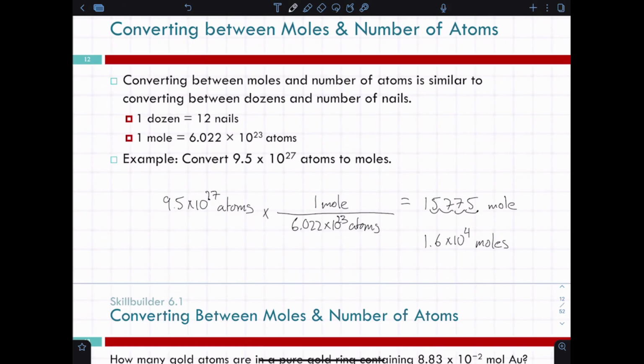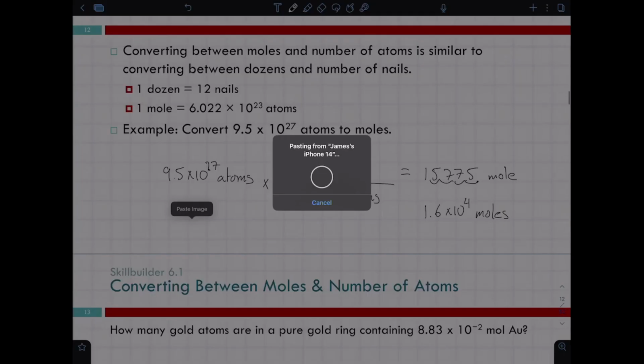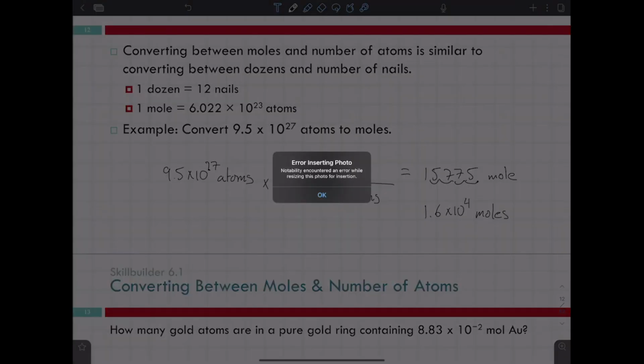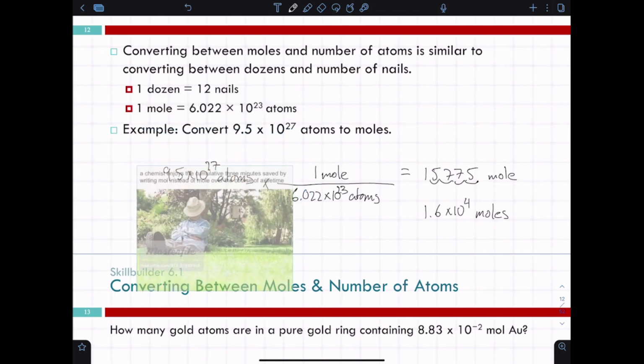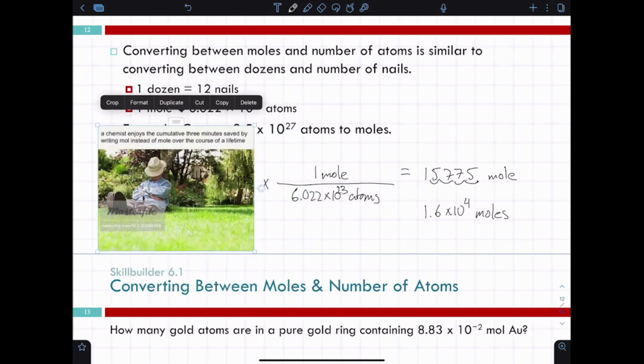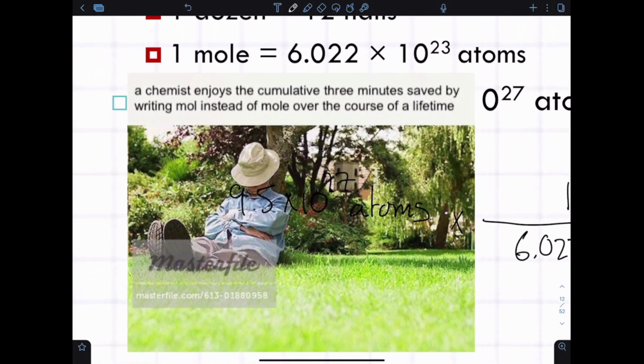And the abbreviation for moles is MOL. So the abbreviation for mole, M-O-L-E, is MOL.